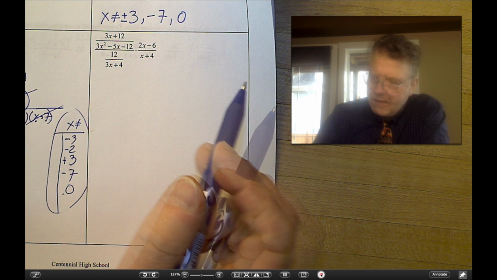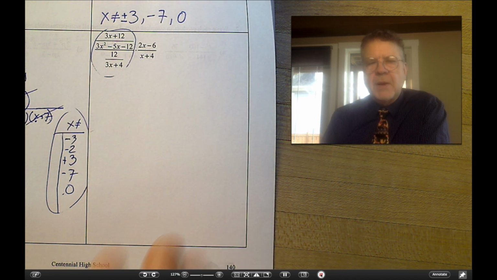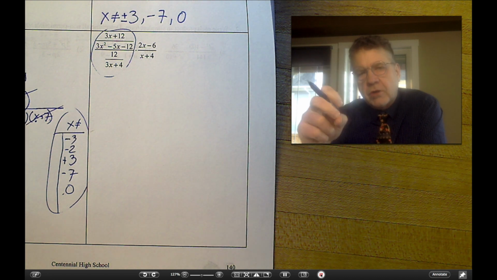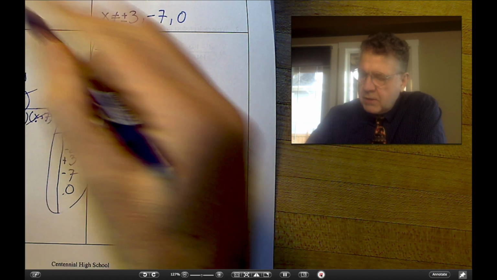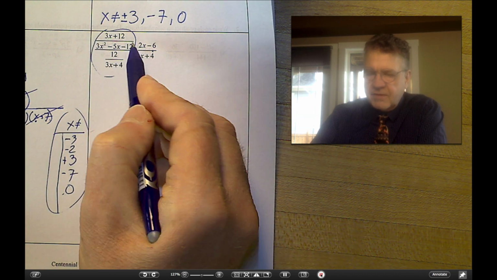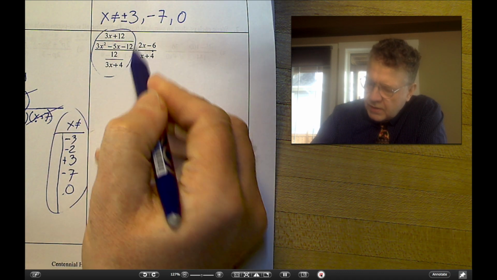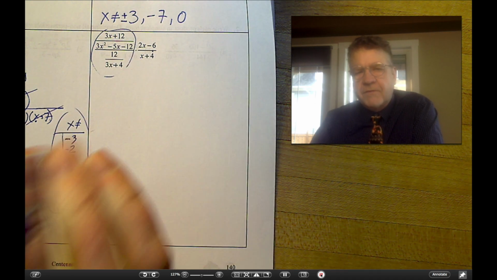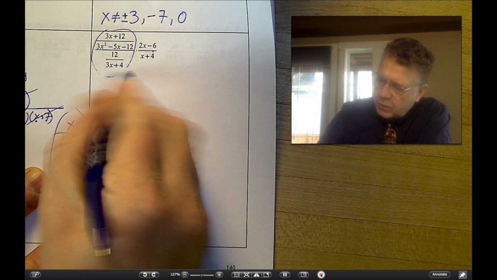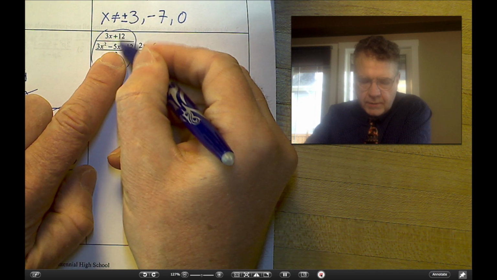Well, let's take a look at this part first. Remember, when you're multiplying and dividing, it doesn't matter what order you multiply or divide by. So I can go this divided by this times this, or I can multiply this by this and then divide it by this times this, right? But I'm going to deal with the first part of the expression this way. I'm going to do this division here, all right?